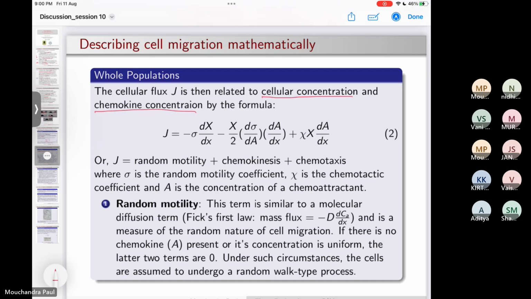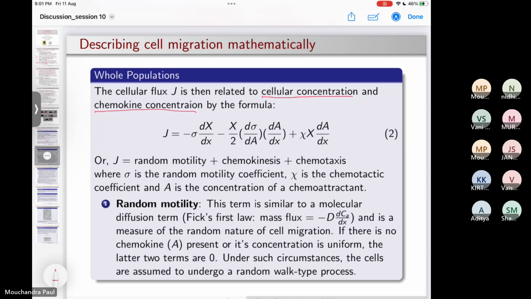They secrete various signaling molecules and call other inflammatory cells, and then fibroblasts and epithelial cells, etc. This is how the process happens in real time. And cell migration, which we are talking about, plays a very important role for the wound healing process to proceed.